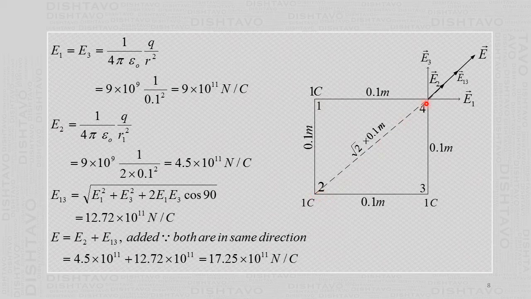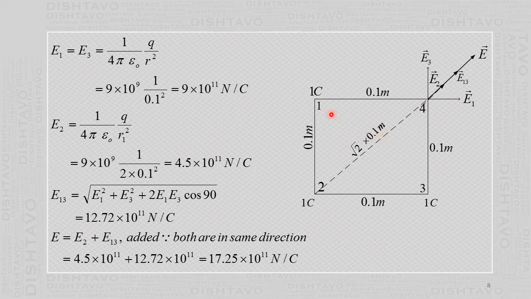The square of this side equals 0.1 square plus 0.1 square. That means the length of this side equals square root of 0.1 square plus 0.1 square, that is square root of 2 into 0.1 square. When you take the square root, you get root 2 into 0.1. So that is the length of this diagonal, root 2 into 0.1 meter.